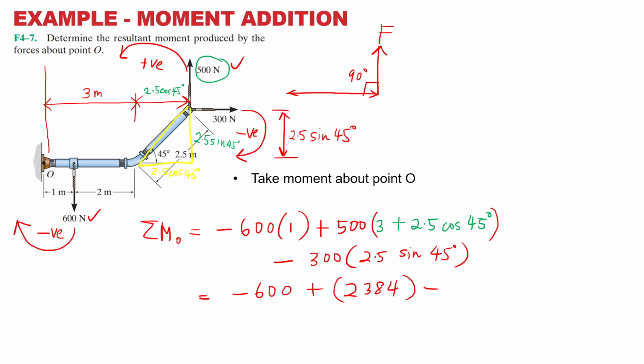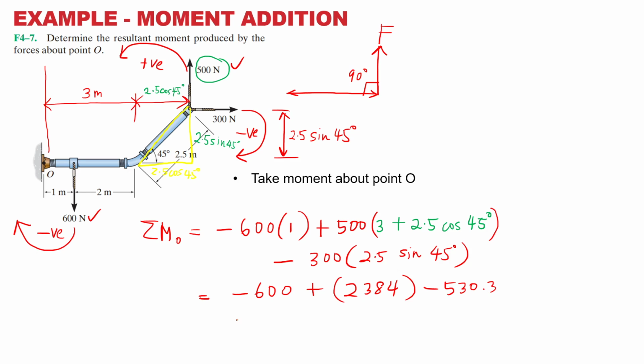2.5 sin 45 times 300. This will be 530. Calculate that, and the 0.3 doesn't matter.